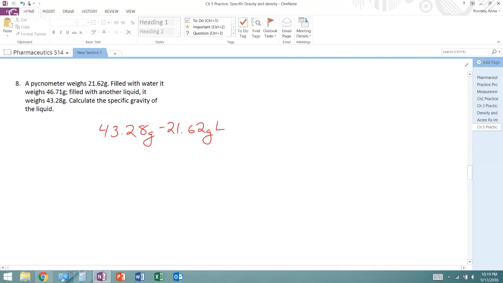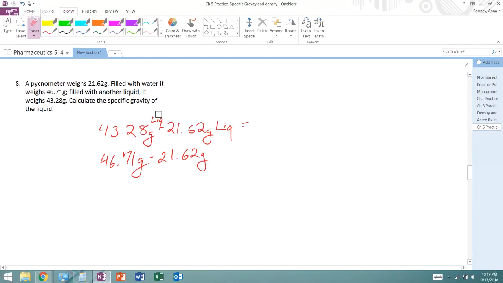And this is the liquid that we're trying to find. Just trying to label it so I know that. And then 46.71 grams minus the 21.62 grams. Actually, I should probably relabel this so it's a little easier to tell what we're doing.